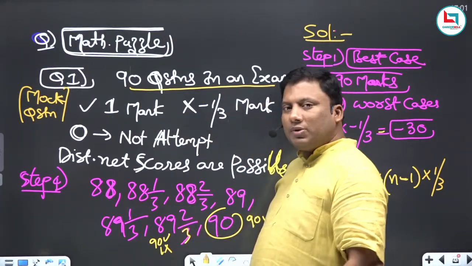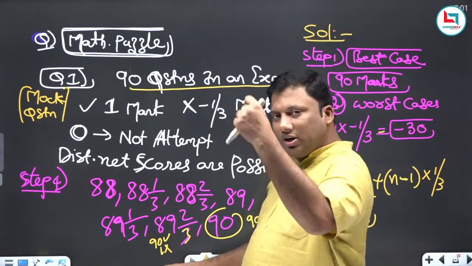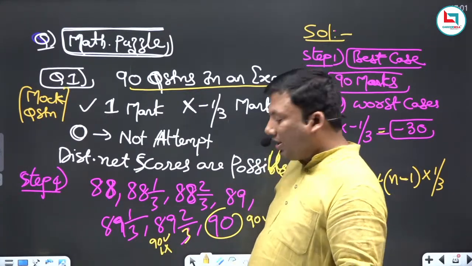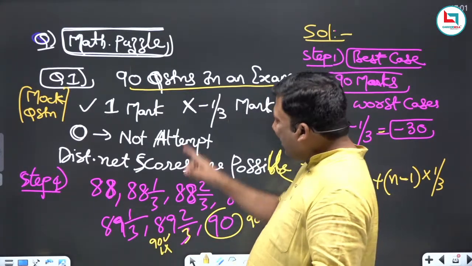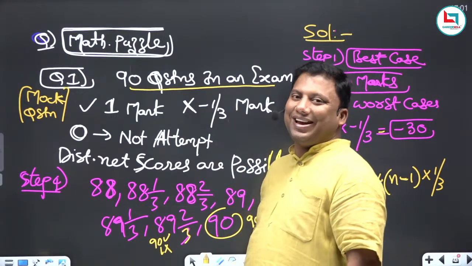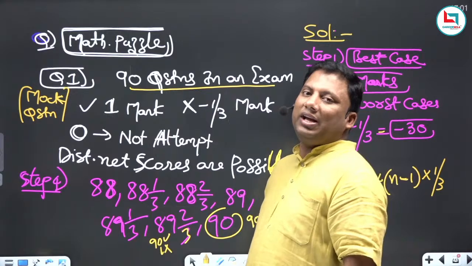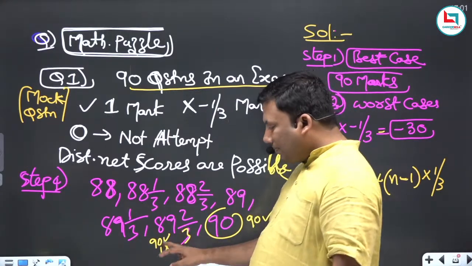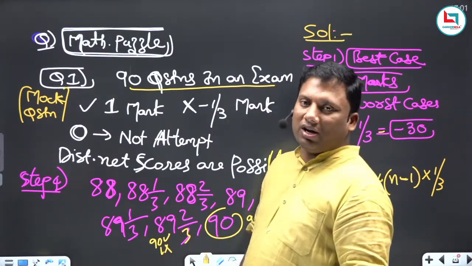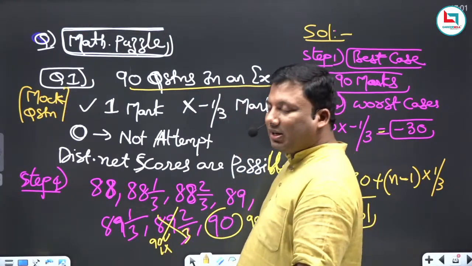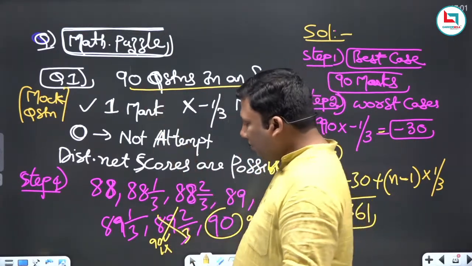How many did you attempt? 90 right, 1 wrong means you attempted 91. Only 90 questions are there in an exam, so this is not possible. Total number of questions attempted cannot go beyond 90.